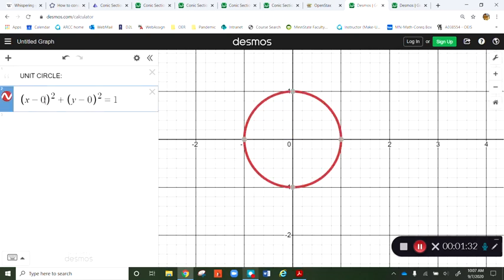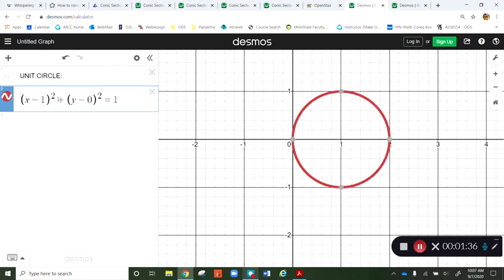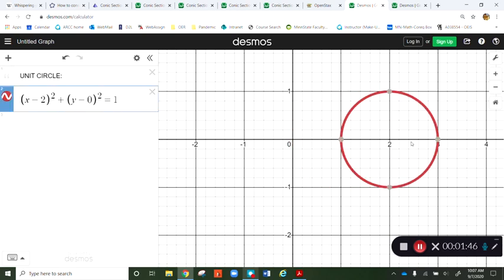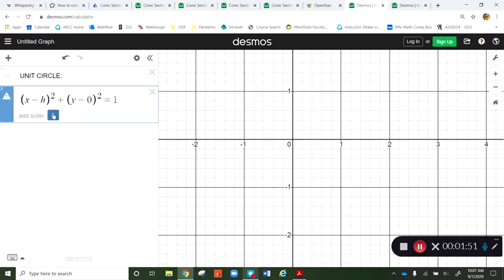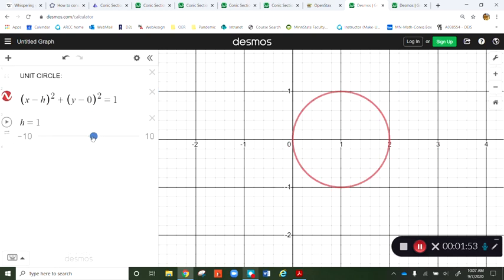What if, instead of having a minus 0 here, I put a minus 1? What that does is it shifts this circle over to the right by 1 unit. If I made this a minus 2, it would shift it to the right by 2 units. If I put minus h and then make Desmos do a slider for h, I can adjust the value of h, and you can really see that shifting.